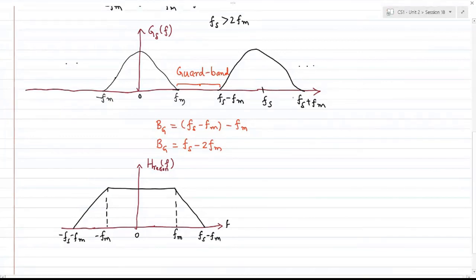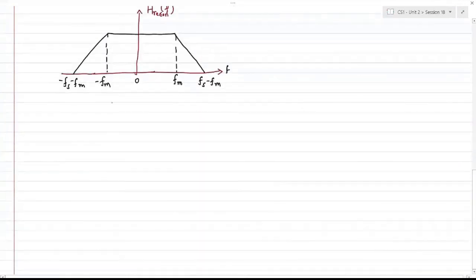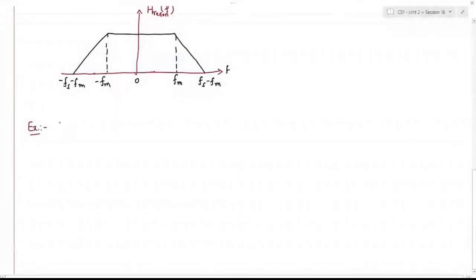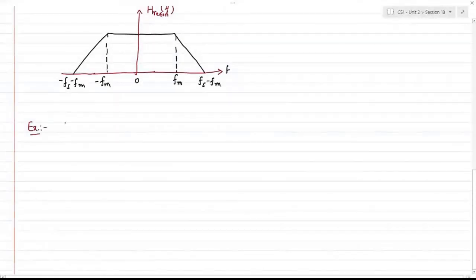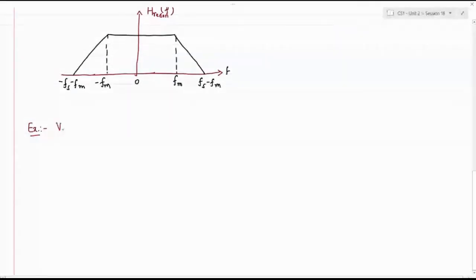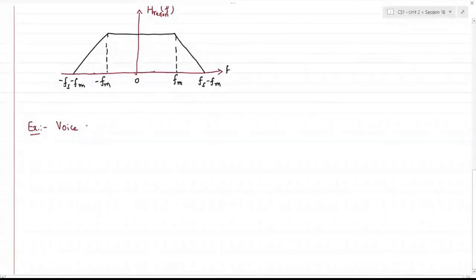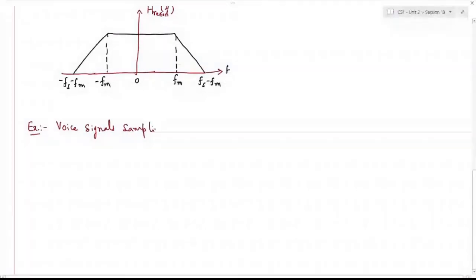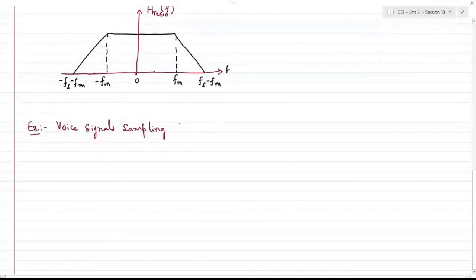If I can quote a practical example related to this, it could be your voice signals itself. If you want to store your voice signals in digital format, sampling of voice signals is one of the immediate applications you may think of.